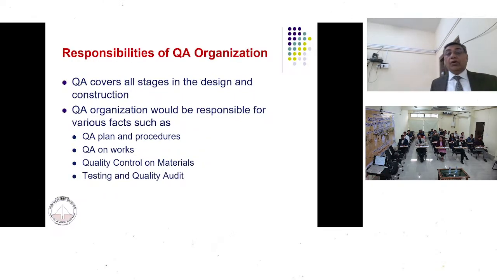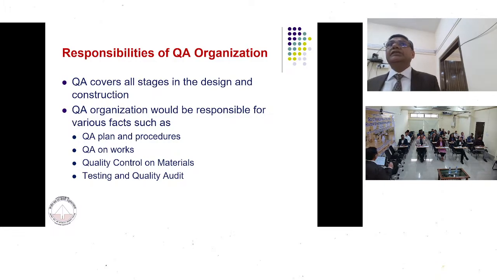Responsibilities, okay, covers all stages of the design and construction. The quality assurance organization has to take care of all the stages, because many a times the sequencing of activities during the construction of any project may lead to its failure or its success. If we remember the CPM part, there we identify the critical activities.